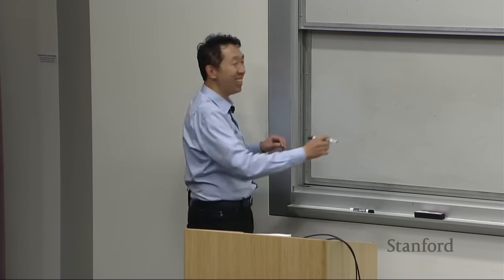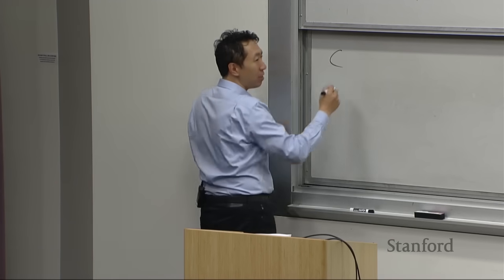So I think what's happened over the last several years at Stanford is the demand for machine learning education has been rising dramatically because the majority of CS PhD applicants at Stanford are applying to do work in machine learning or in AI.